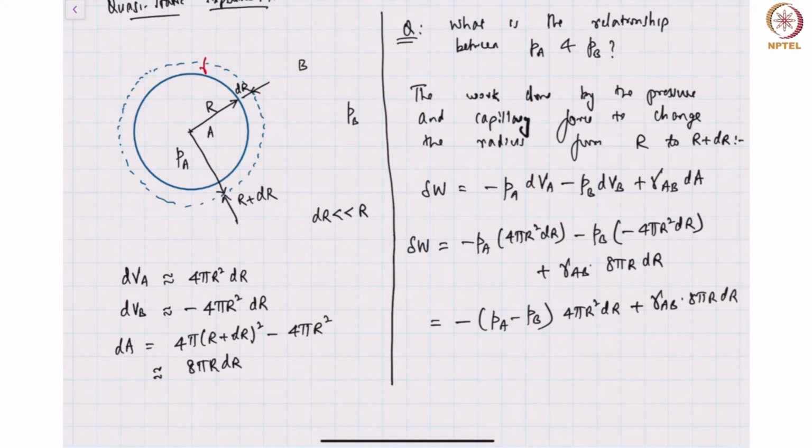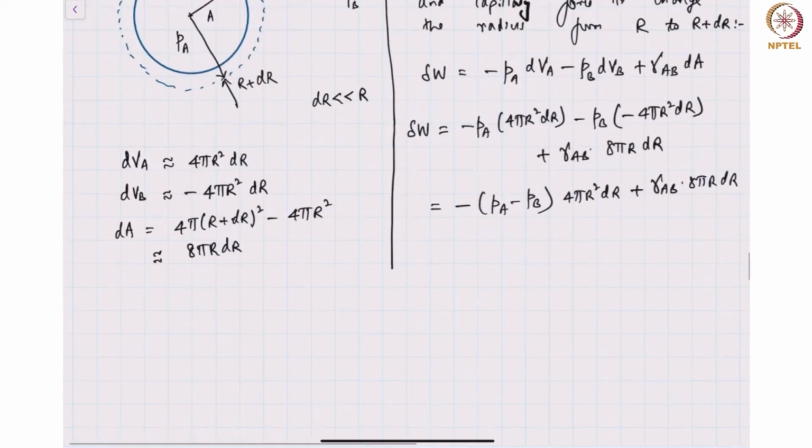Straight away now I can write down the condition for mechanical equilibrium. For mechanical equilibrium, these two effects, meaning the work done by the pressure and the capillary forces, are perfectly in balance, and therefore dW would be 0.